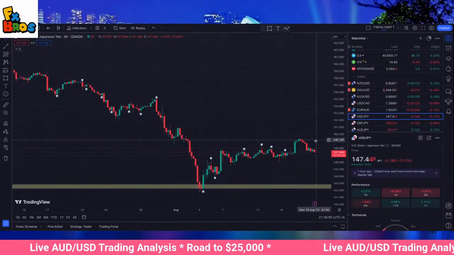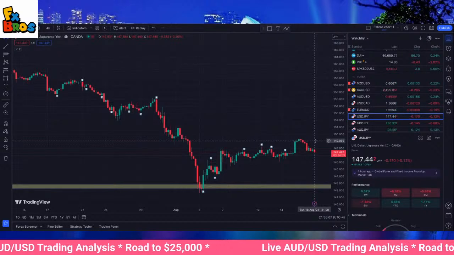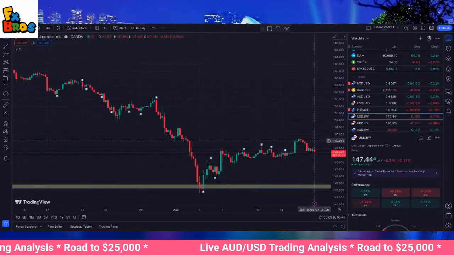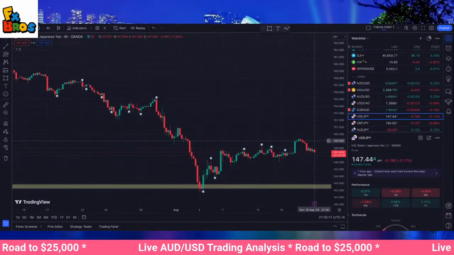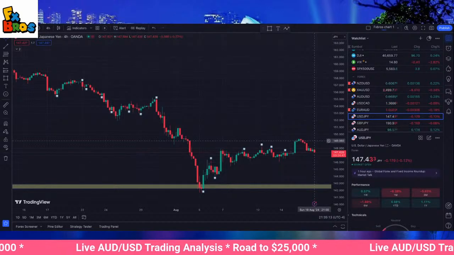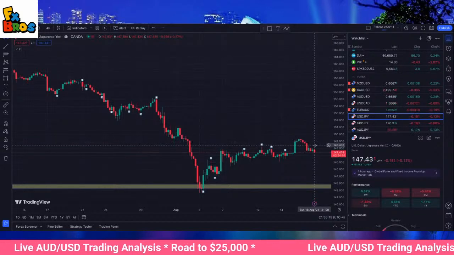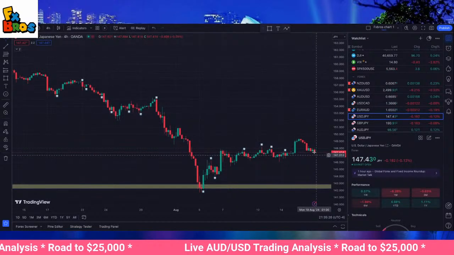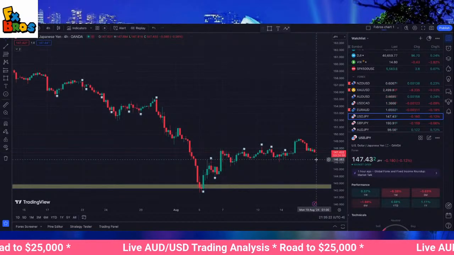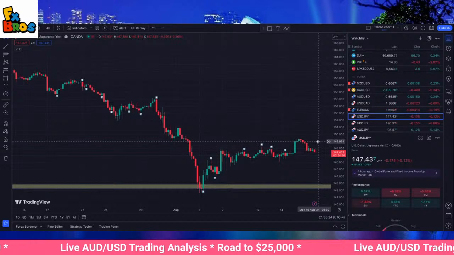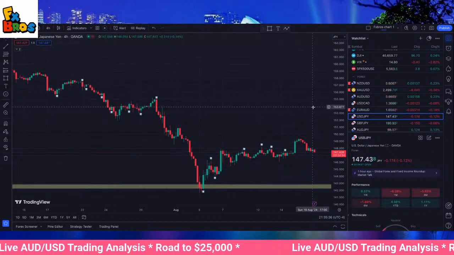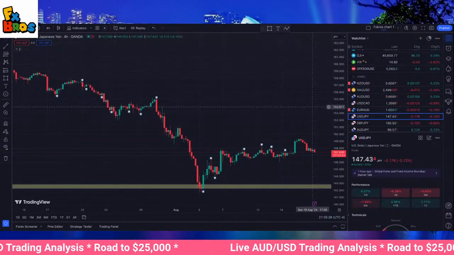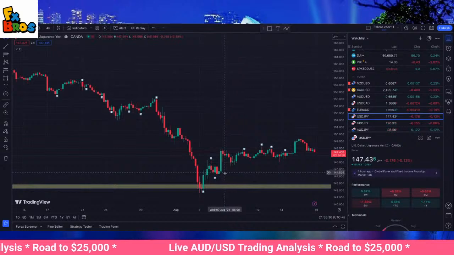So for us to see that scenario play out, price is going to have to come down and give us an array of bearish candles, at least 2 or more, followed by a bullish engulfing. And that's probably what we can look to add to this position on the Jappy pairs.